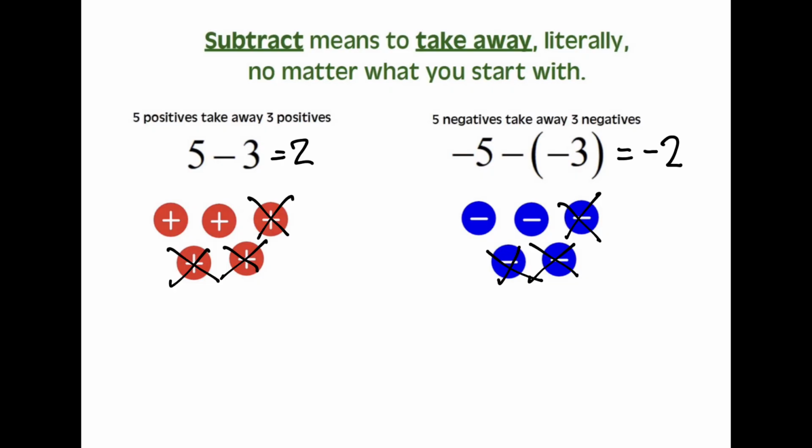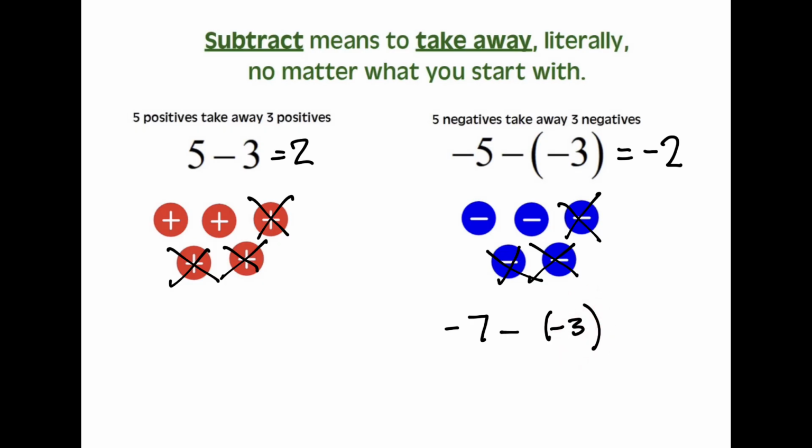When you see it written, it looks really confusing. So -7 minus -3, because there's negatives everywhere, and those parentheses are necessary. But what it means is 7 negatives, and you're going to take away 3 negatives.